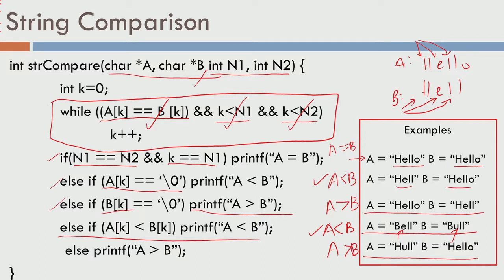So A of k is less than B of k means A is less than B, in this case bell is less than bull. Or I started looking at H in both of these, and I see that in the next location U and E, U is actually greater than E. So hull should come after hello, and therefore A is greater than B.